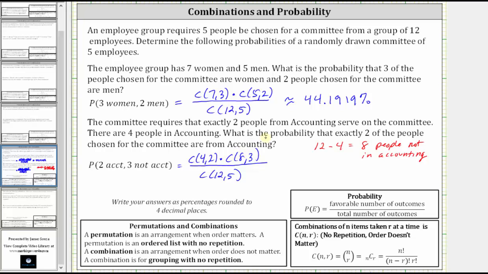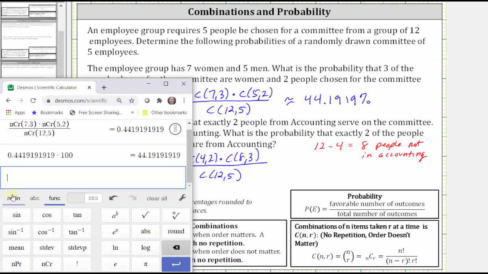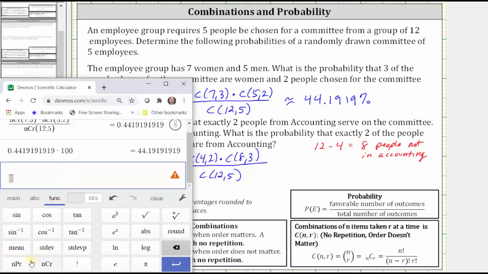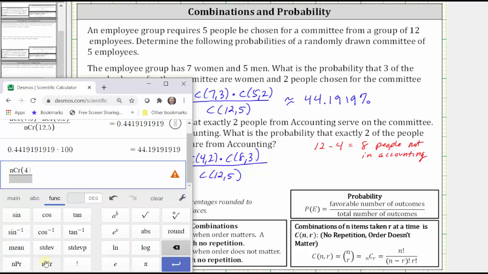And now let's go back to the calculator. Let's go back to the main keyboard, click the fraction tool. Our numerator is going to be 4 choose 2 times 8 choose 3. The denominator is 12 choose 5.